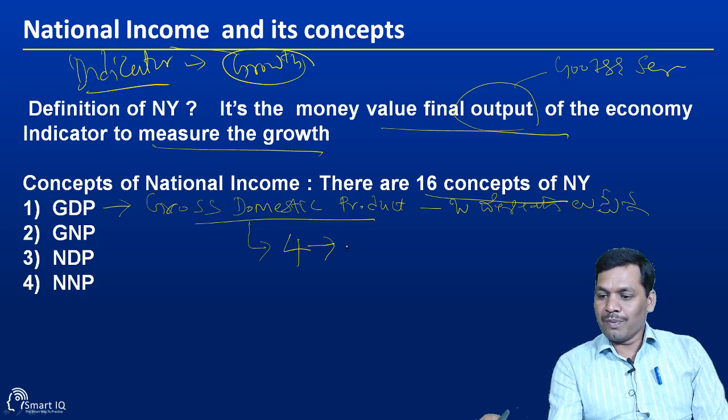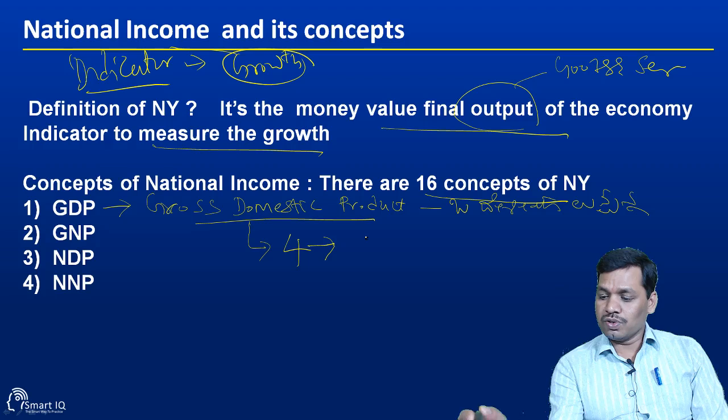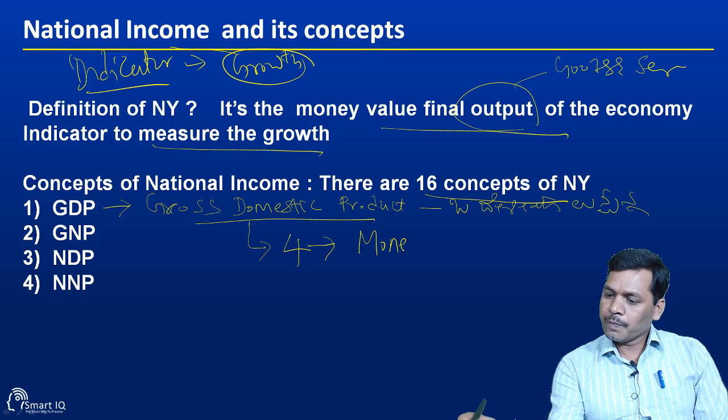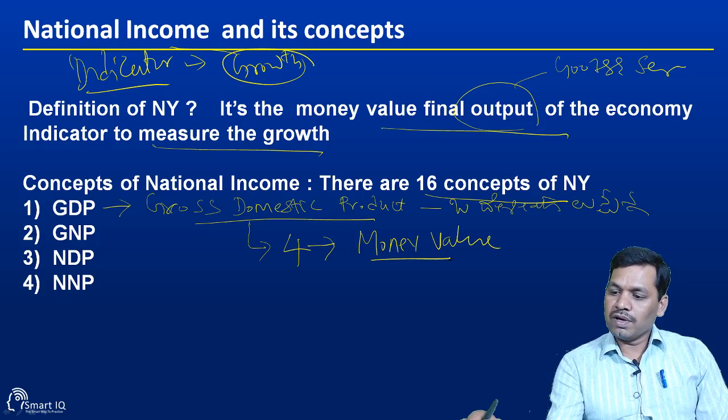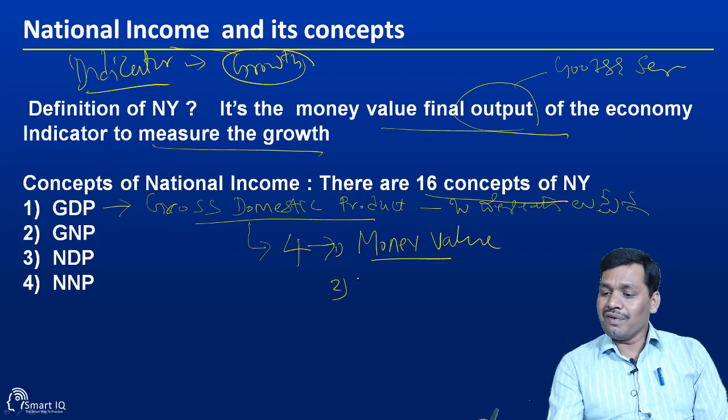So first we should consider what is this GDP or gross domestic product. I mean, gross domestic product includes the money value. The first phrase is money value. The second one is money value of all final goods and services.